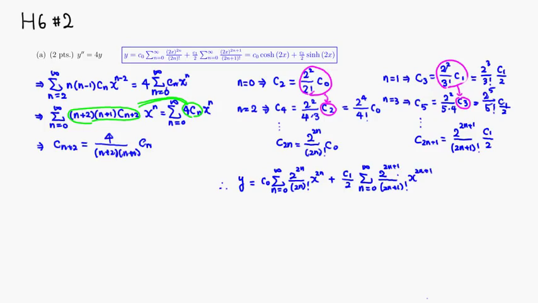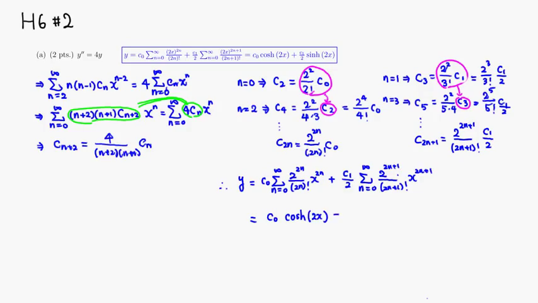Then you have x to the 2n plus 1. You can see that this is going to be equal to c0 times, you recognize that this is 2x to the 2n power, so this is going to be a hyperbolic cosine of 2x, because you have 2 and x there.